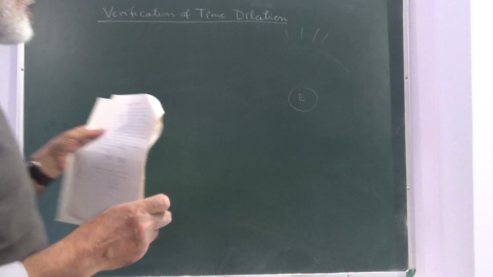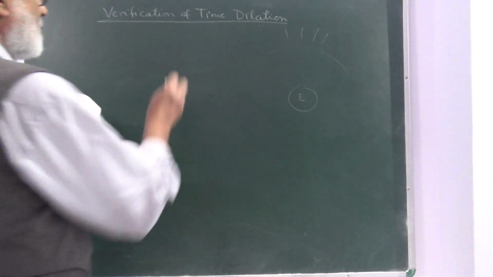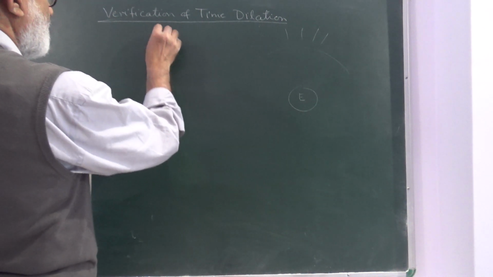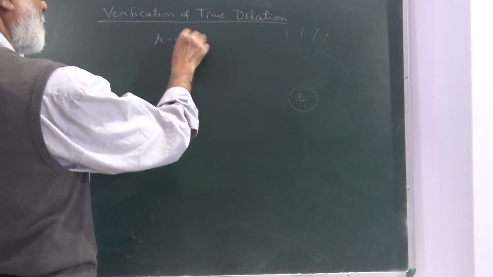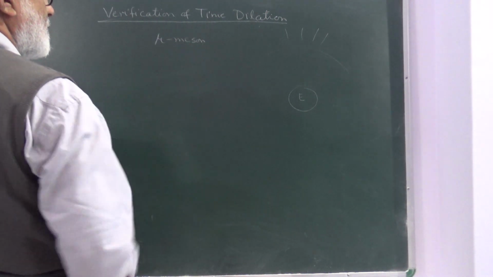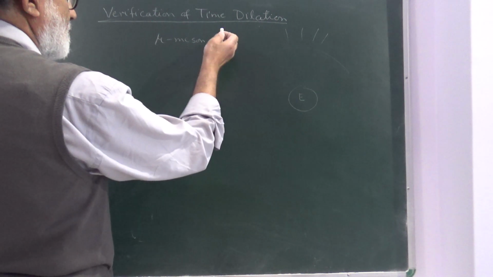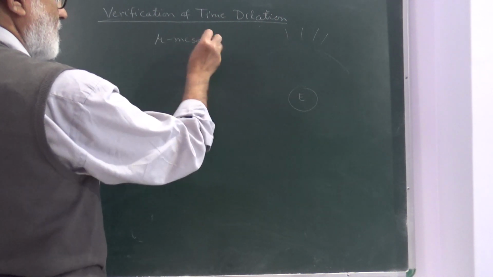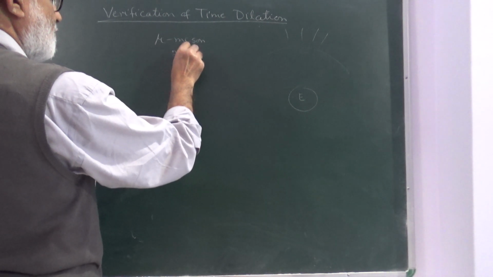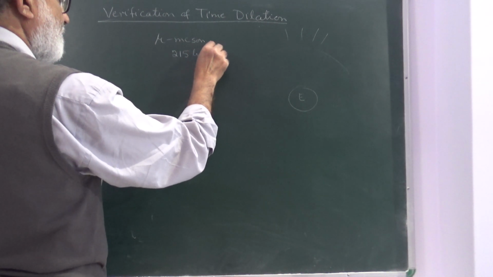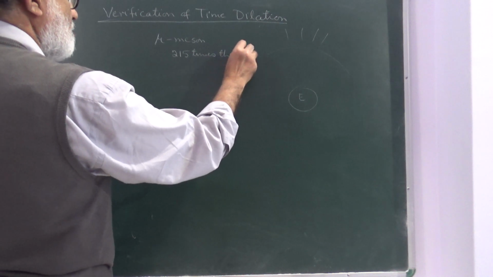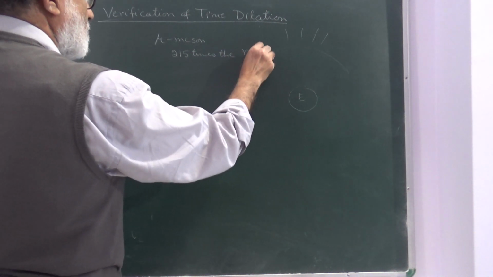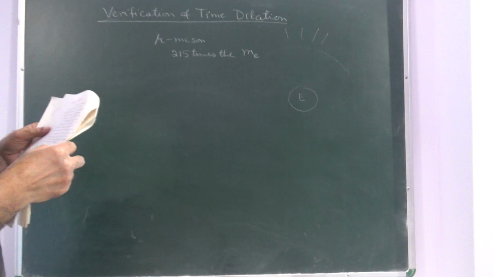This mu meson is a particle more massive than the electron; its mass is 215 times the mass of an electron.